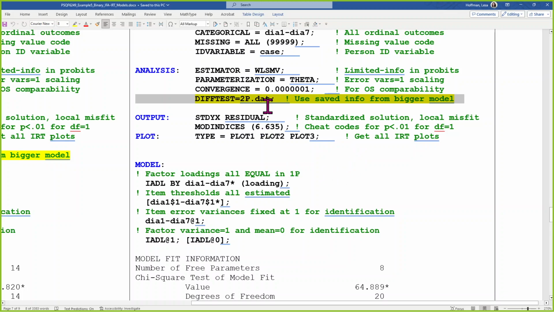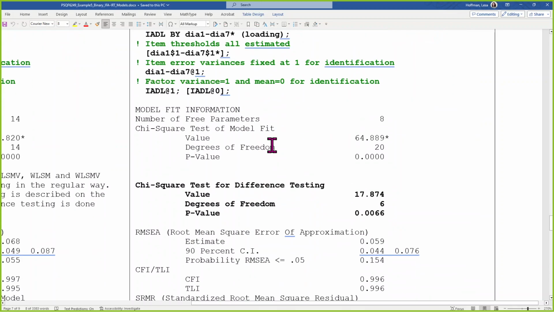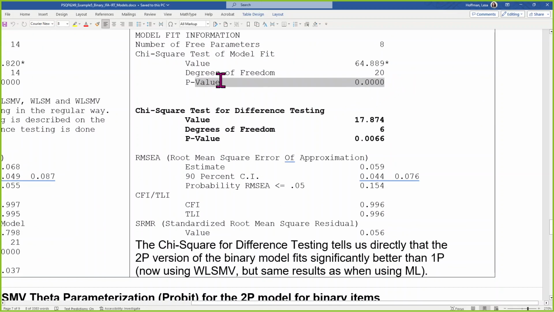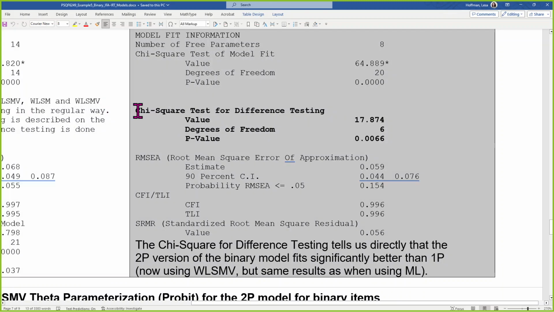So this is not something you can compute by hand even if you wanted to. So then in your output for this model, I get 2 different chi-squares. The first one tests whether the reproduced tetrachoric correlation matrix matches the estimated one. The answer is no. But then this one, chi-square for difference testing.